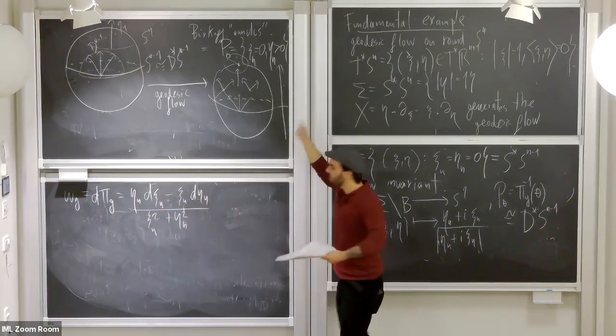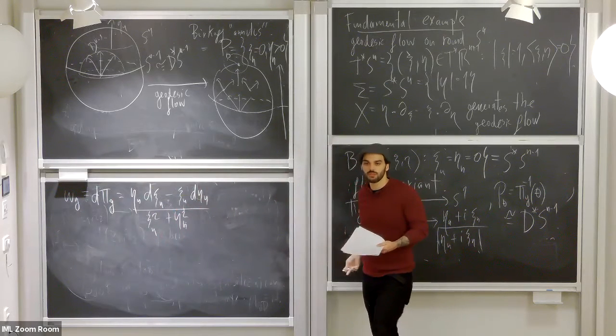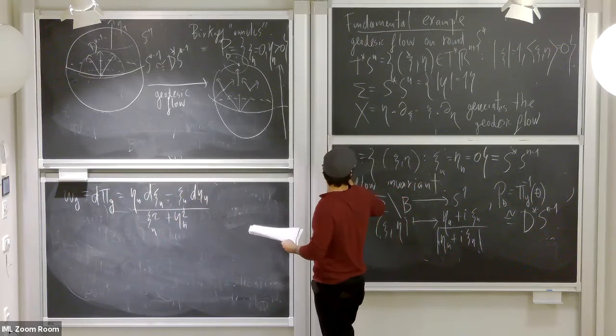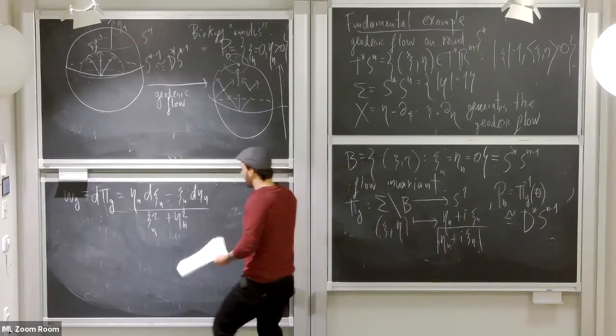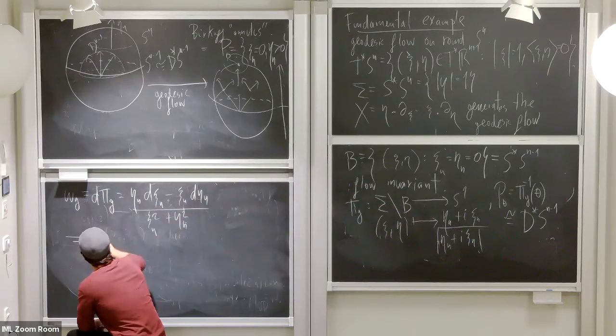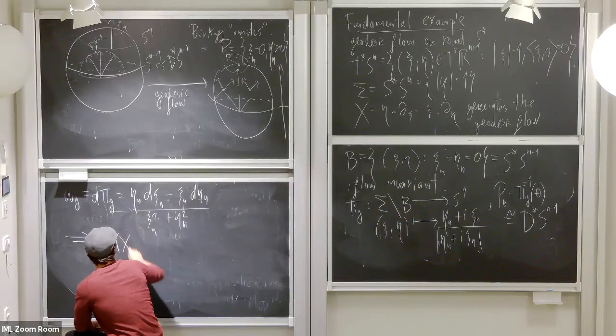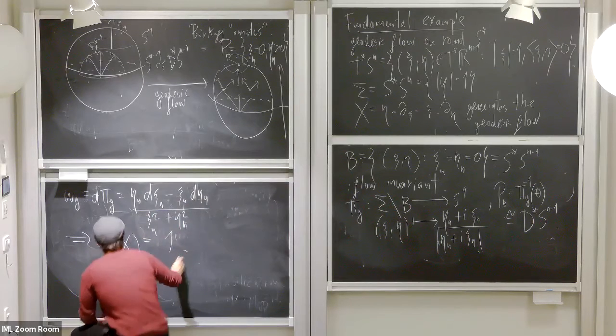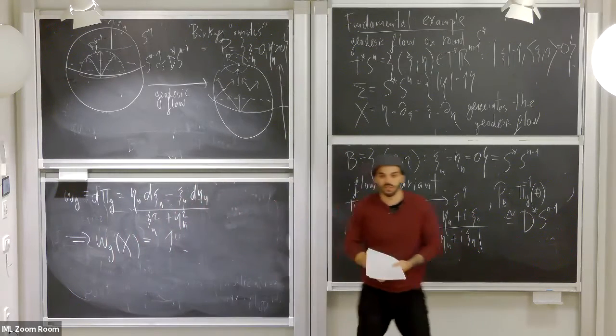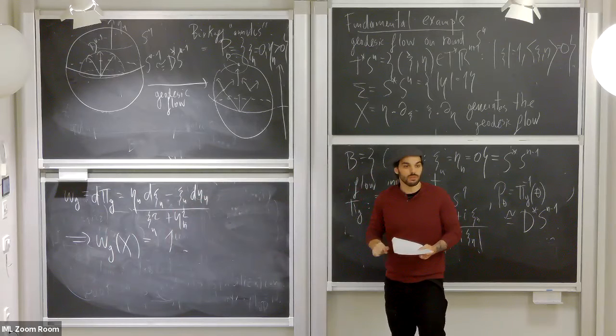So this is the angle one-form associated to this open book projection. And you can check that if you plug in the geodesic vector field X, you get exactly 1. So this one-form is dual to the geodesic vector field.